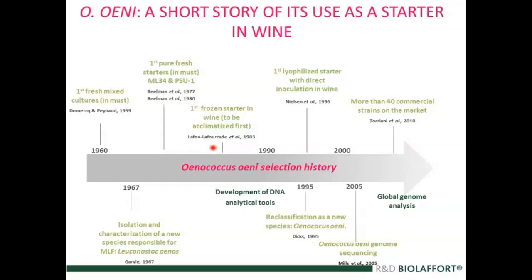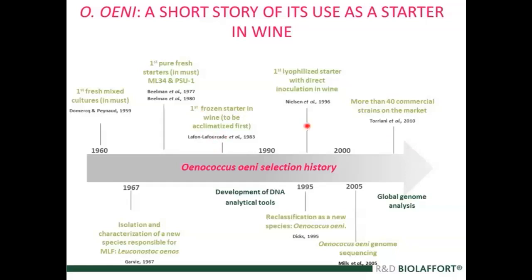And Lafon-Lafourcade and collaborators in 1983 described a first frozen starter in wine, but that needed to be acclimatized first. All of the other research before, again, had focused on inoculation, but in must. So acclimatization was needed to inoculate it in wine.